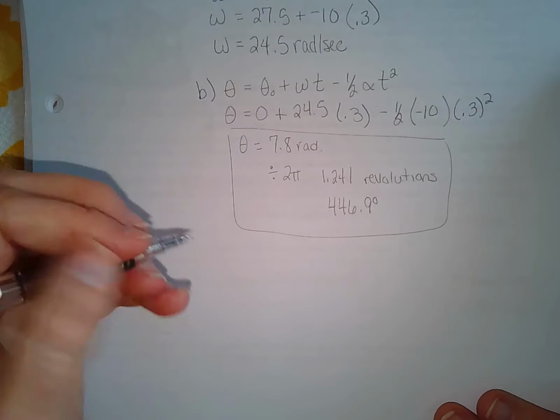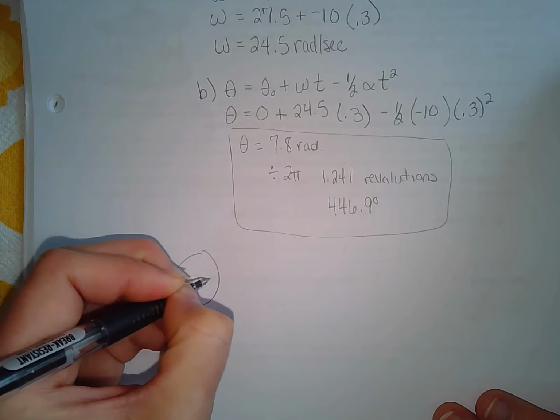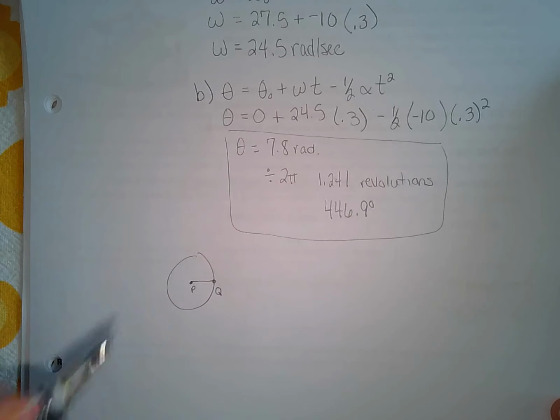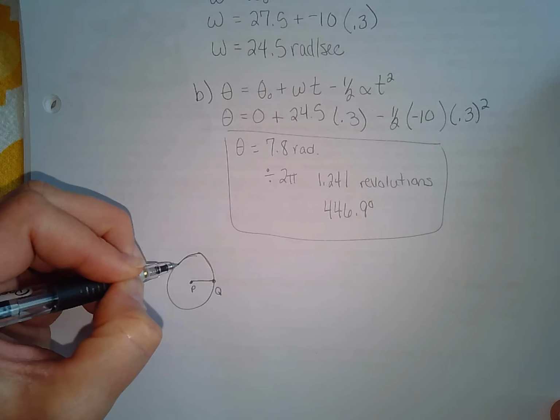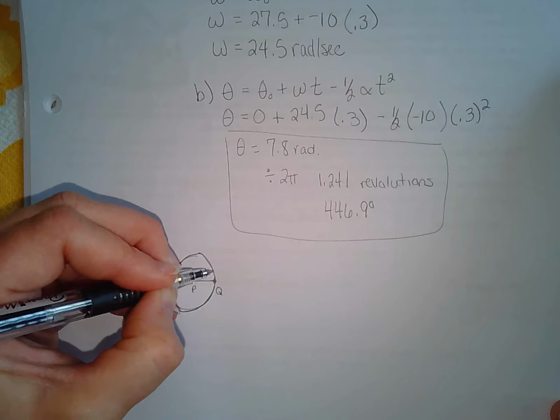So here's what I want you to understand. This was our disk when we took it out. Line PQ was right here. It did 1 full revolution and 0.241 more.